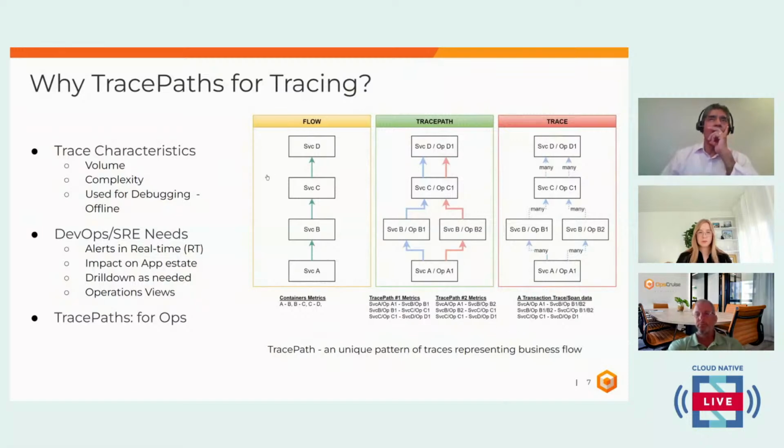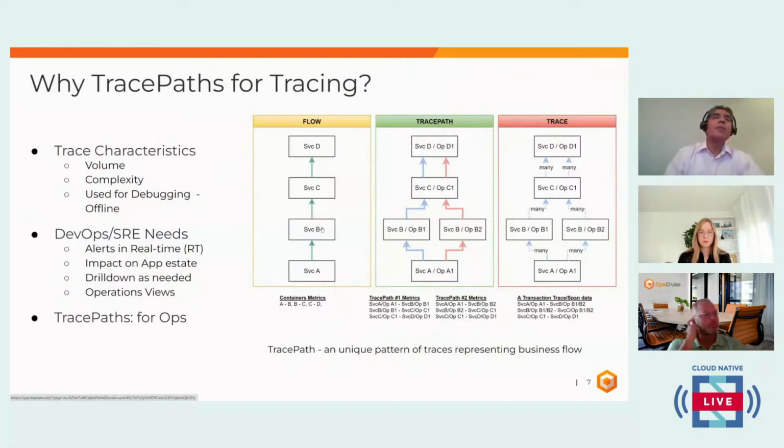Let me give you one of the things that we already do, and some other folks might be using, like flow. If you're using Istio or eBPF, which we do, you have aggregated metrics, let's say from service A to service B to service C to service D. So request counts that come into service B, response time, errors, you can do that. Now these will be aggregated on the scraping interval.